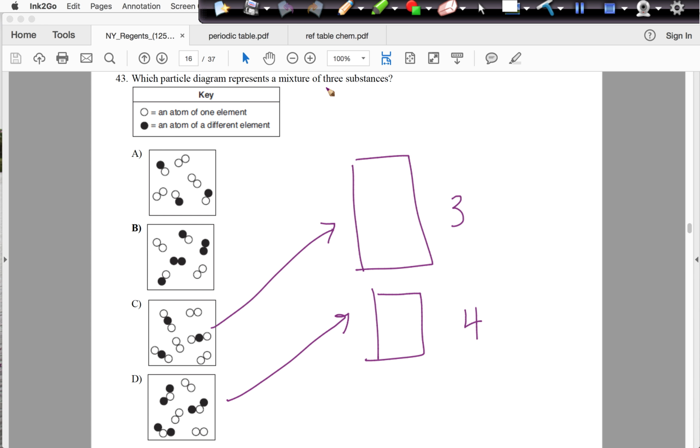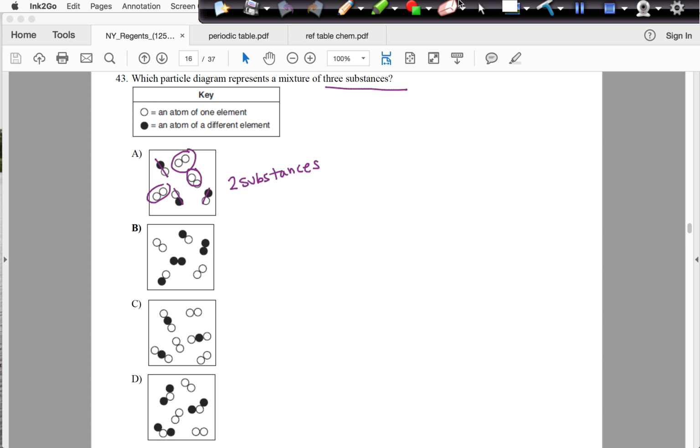We want 3 substances, so we want 3 different kinds of molecules. And a molecule is going to be the same type of connected atom. So in this one, we have 1 molecule and 2. So this only has 2 substances.